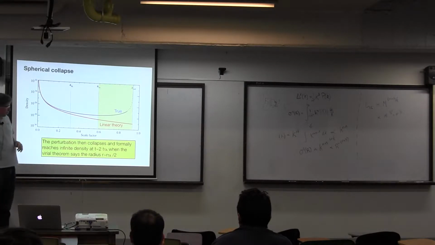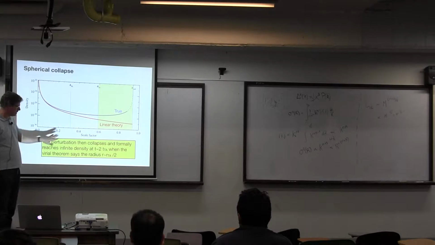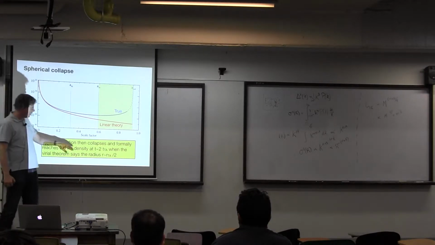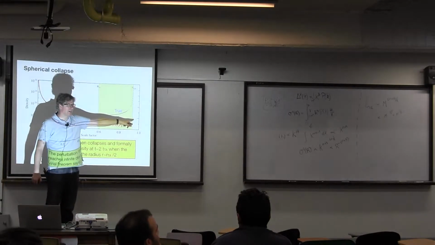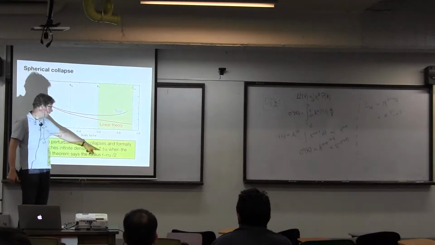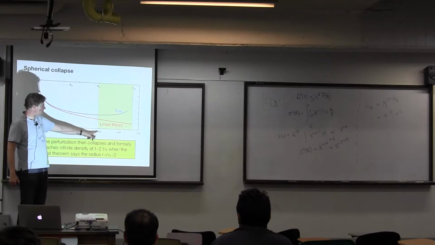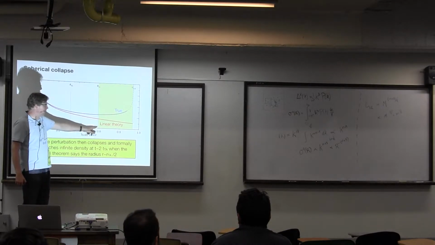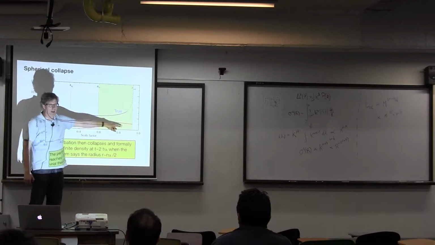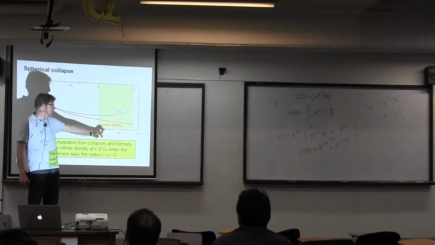And you can also just use the virial theorem, and that's an easy little exercise to write down. The virial theorem will tell you that this infinite density here happens at 2 times the time. So if this is t_ta, some time of turnaround, collapse will happen at twice that time. That follows straight from the virial theorem.